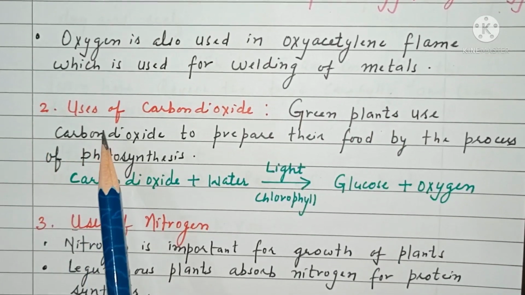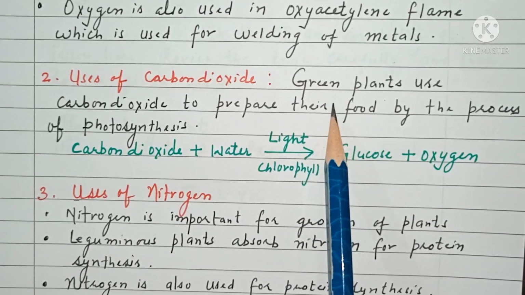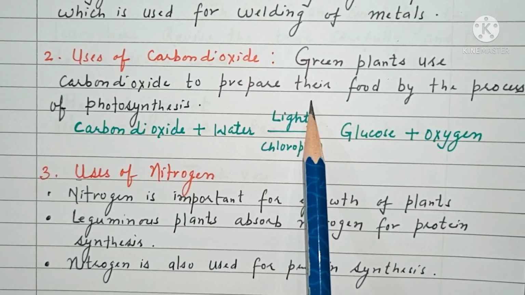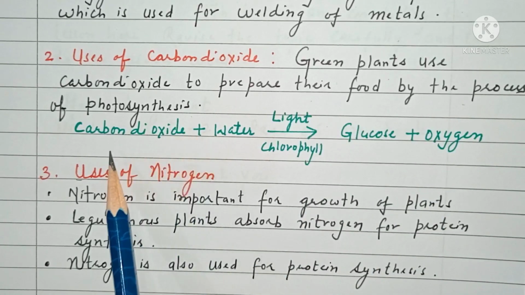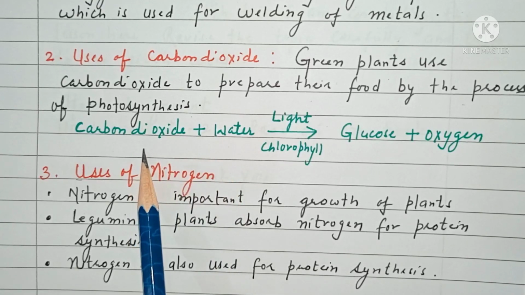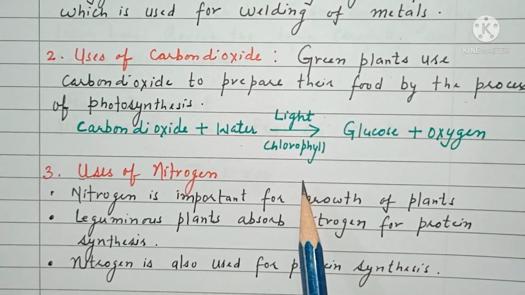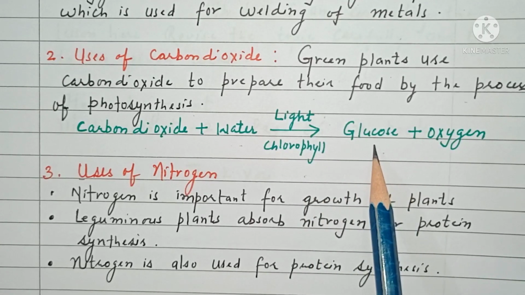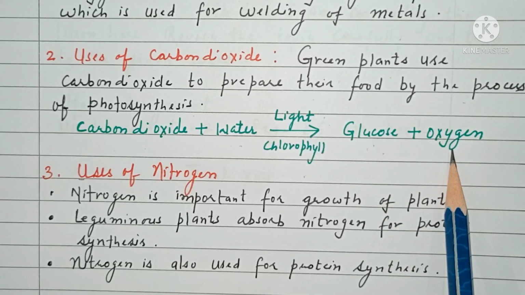Number 2, we'll be discussing the uses of carbon dioxide. Green plants, as you know, use carbon dioxide to prepare their food, and the process is photosynthesis. And the reaction involved is carbon dioxide plus water, in the presence of sunlight and chlorophyll, the plants prepare their food in the form of glucose, and in the process, oxygen, the life-supporting gas, is evolved.